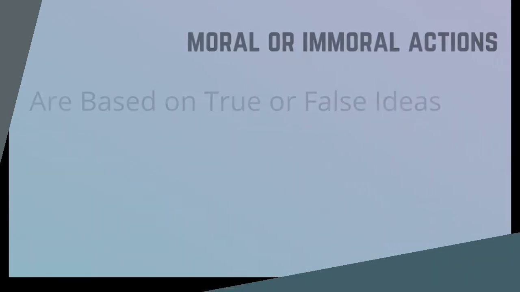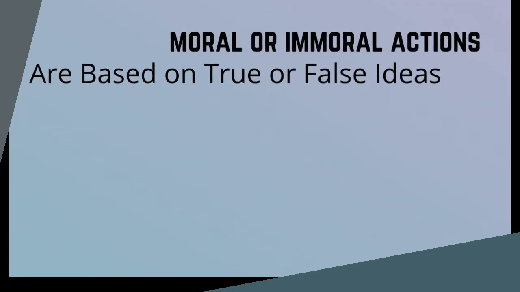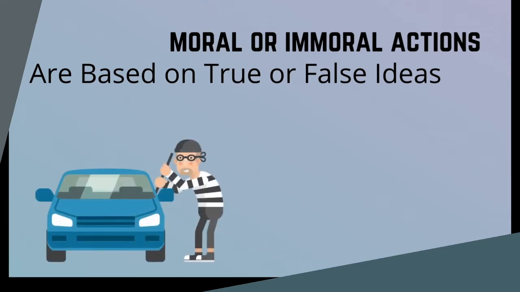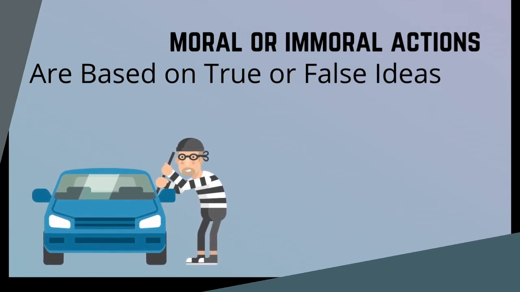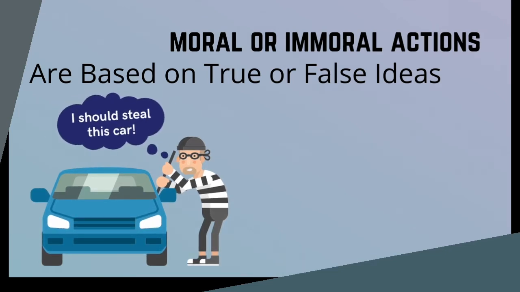When it comes to the basis for considering an action to be moral or immoral, it comes down to whether the action is based on a true or false idea. For example, the action of stealing a car is, in a very direct and immediate sense, based on an idea in the mind of the car thief that goes something like this: I should steal this car.